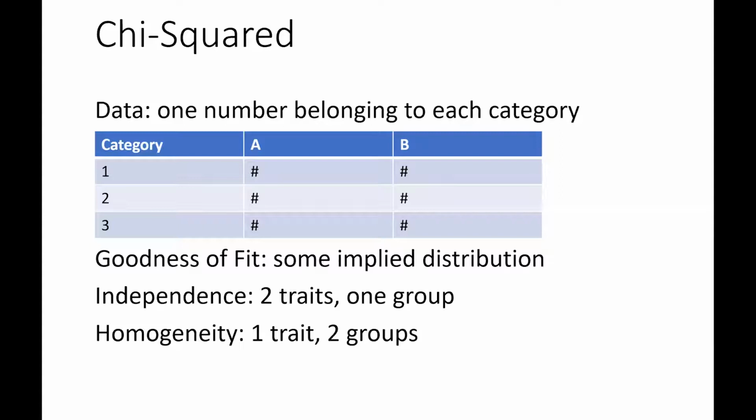For homogeneity, you have one trait in two groups, and you're seeing, is the trait homogeneously distributed across the populations? And don't forget, for these two, you use a CSV. For this one, you have to make a matrix.